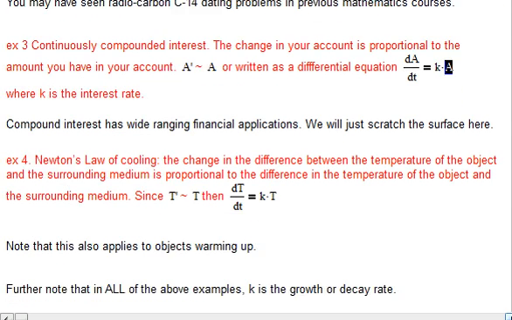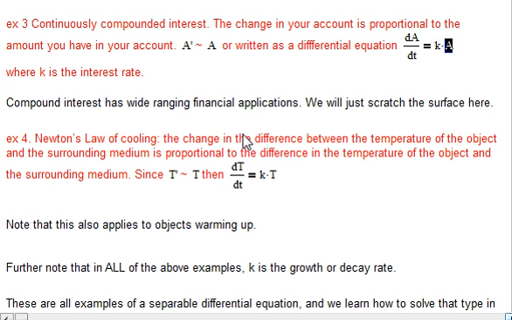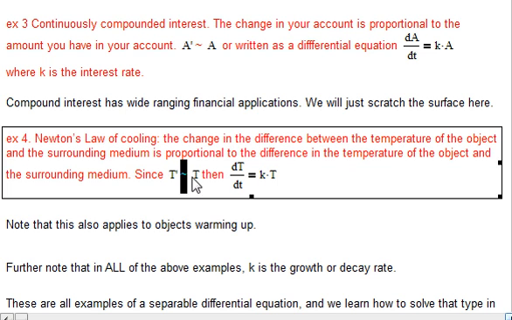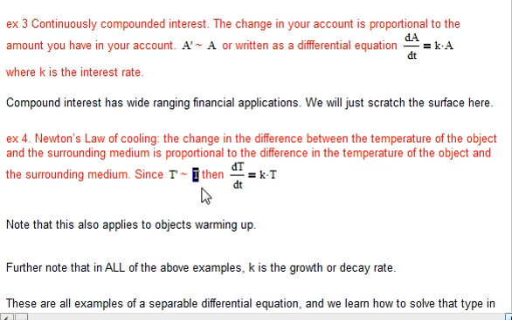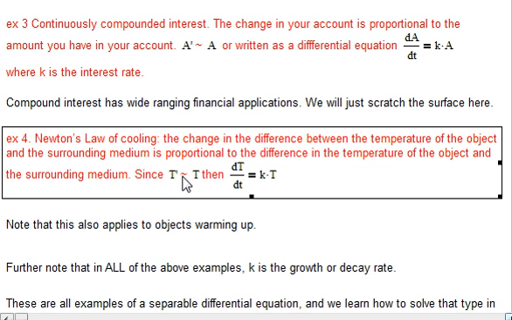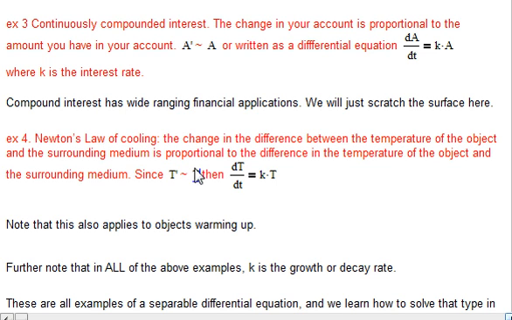Newton's law of cooling is almost the same. For this one, it says the change in the difference between the temperature of the object and the surrounding medium is proportional to the difference in temperature of the object and the surrounding medium. Okay, I should say the change in the difference of temperature is proportional to the actual difference in temperature.